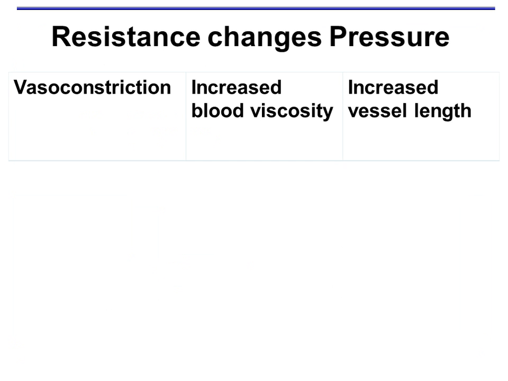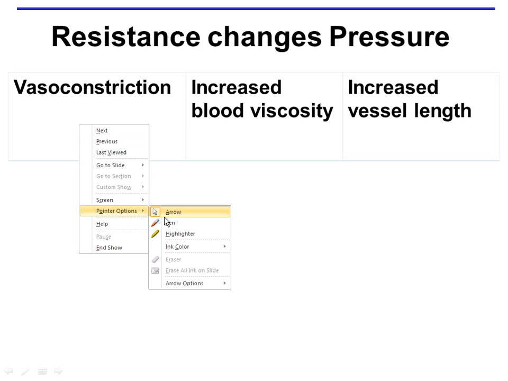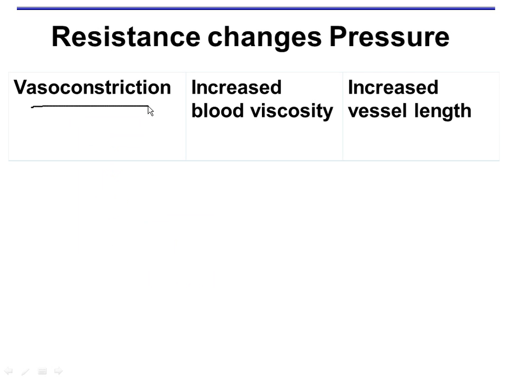So let's go back to that concept of resistance. There's three major ways resistance is affected. On a moment-to-moment basis, we can use vasoconstriction. Remember, vasoconstriction means to take a relaxed blood vessel, increase the contractility of the smooth muscle around it so that that same blood vessel's diameter gets smaller.